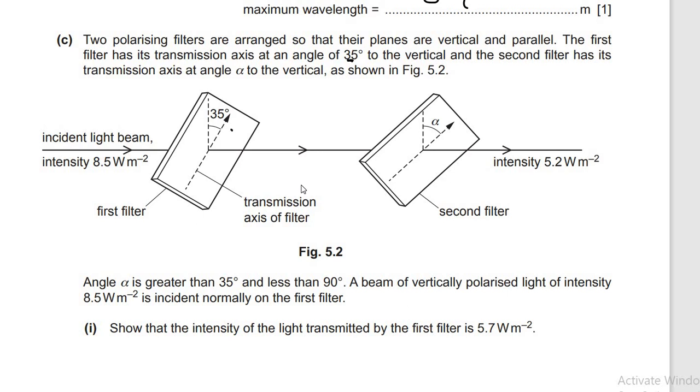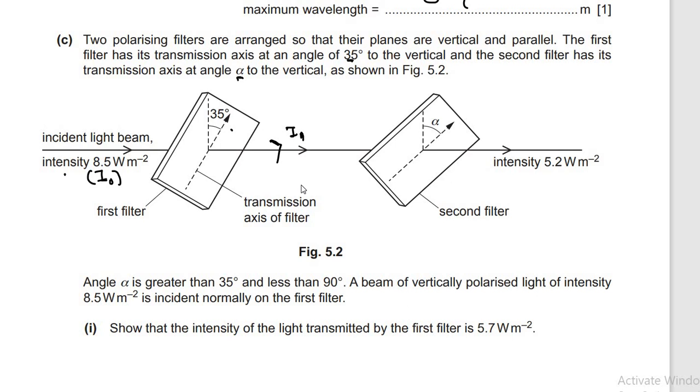The second filter has a transmission axis at alpha to the vertical, as shown. This one is the incident intensity I0, which after passing through the filter produces a transmitted intensity I1.